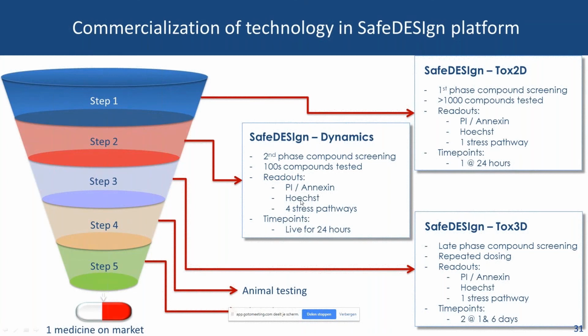So this will also lower the throughput a little bit, but still we can handle hundreds of compounds in this case. And for the last phase of the preclinical in vitro step, step 3, I think the SafeDESIgn Tox3D will be very suitable, in which we create these nice reporter spheroids, and we can do repeated dosing and image after, for example, 6 days of repeated dosing.